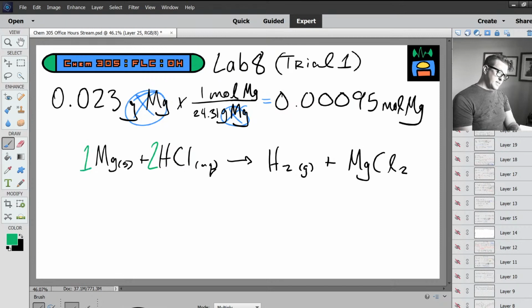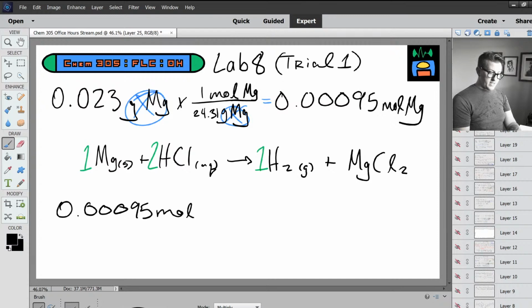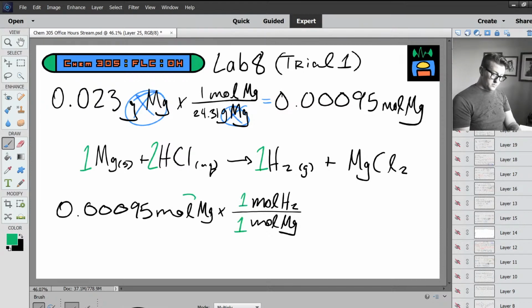Because in the balanced chemical equation, 1 mole of magnesium produces 1 mole of hydrogen, the unit conversion becomes very, very easy. 0.00095 moles of Mg is what we're starting with. We put moles of magnesium in the denominator and moles of hydrogen in the numerator, and the balanced chemical equation tells us it is a 1-to-1 mole ratio.